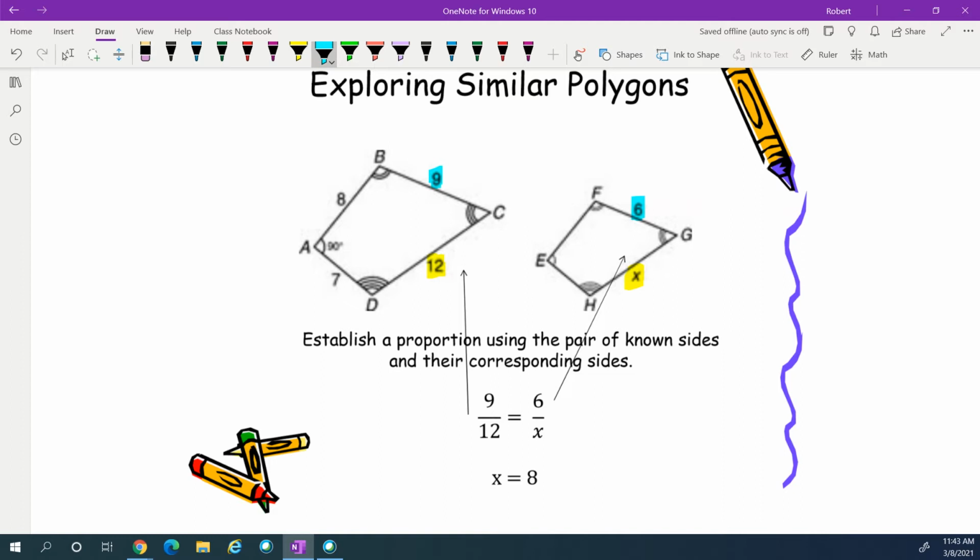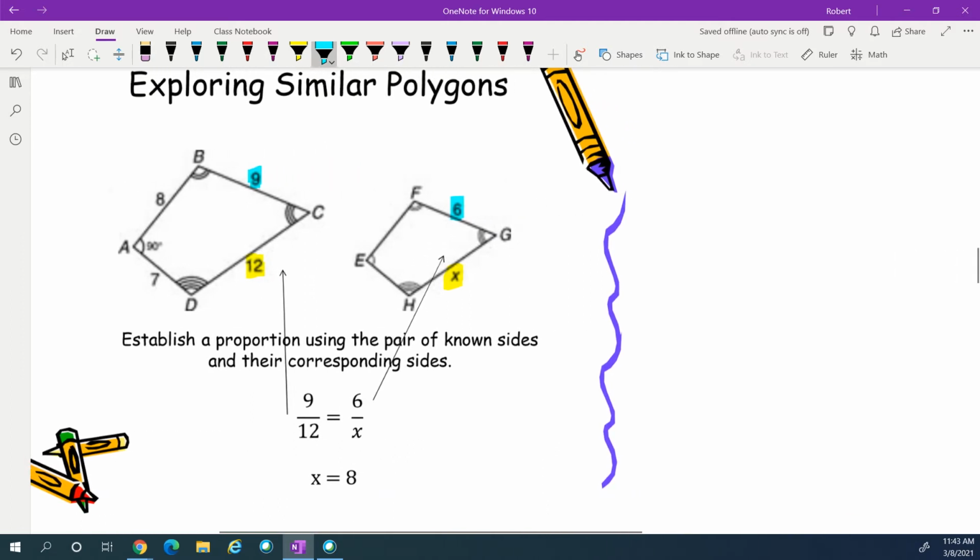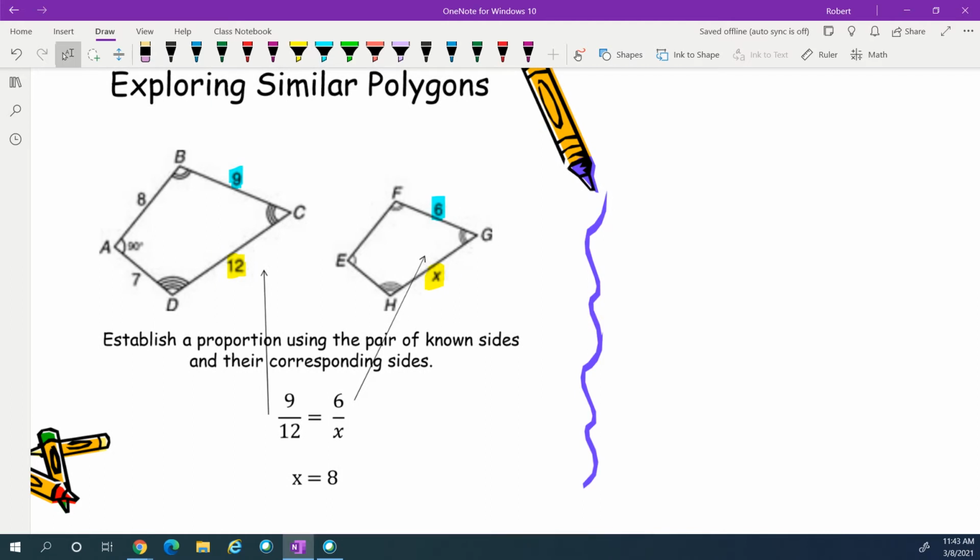So now the question becomes setting up that proportion. And there's a few different ways to do it. I'm going to show you a couple different ways. So the first way is we could do polygon 1 and make a fraction out of that.